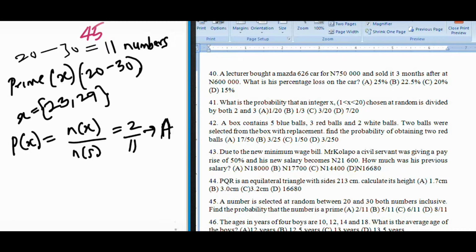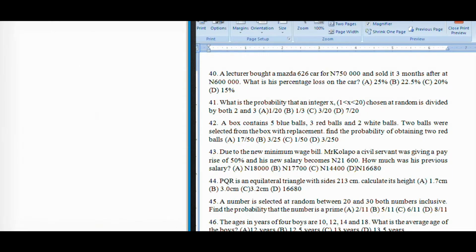The ages are 10, 12, 14, and 18. What is the average age of the boys?